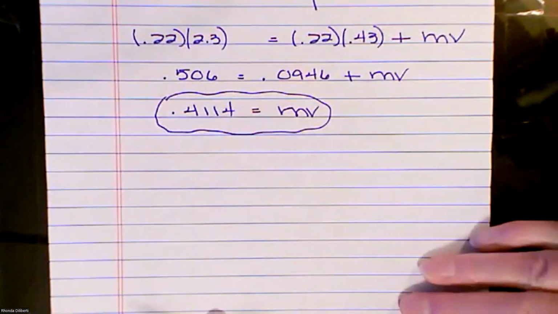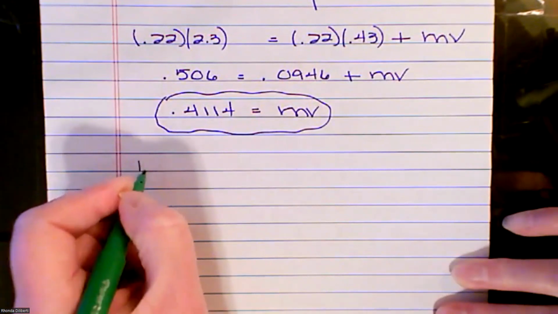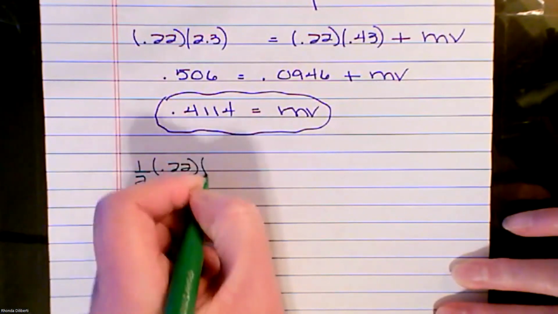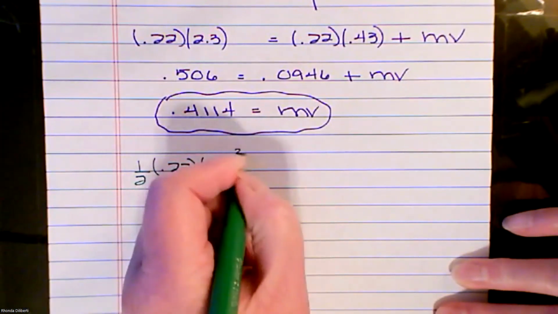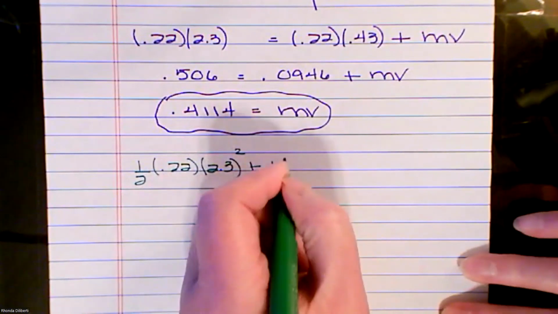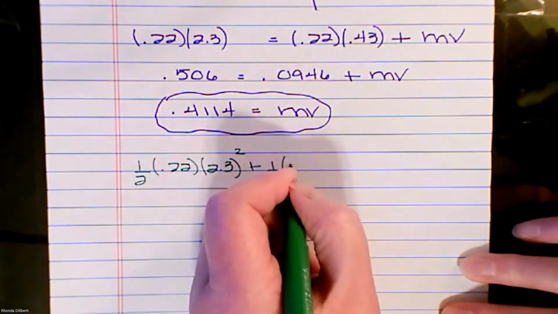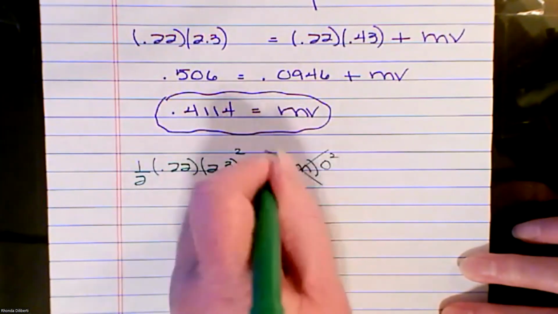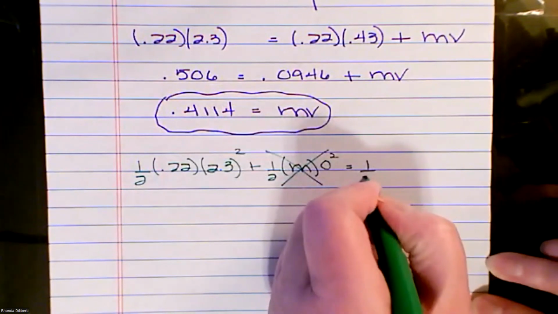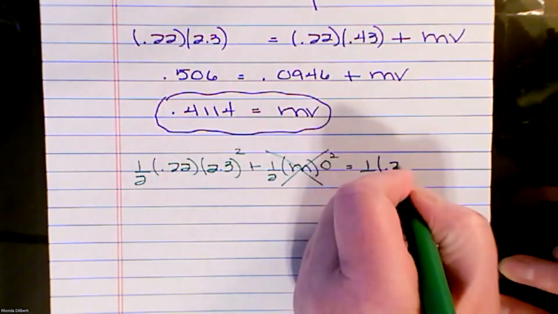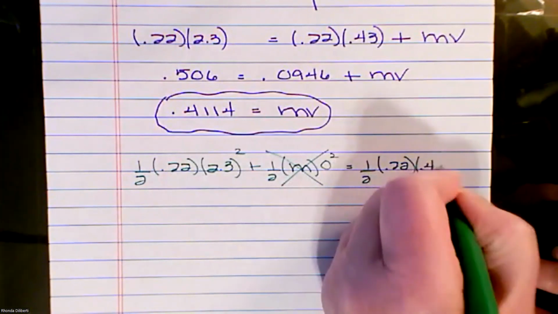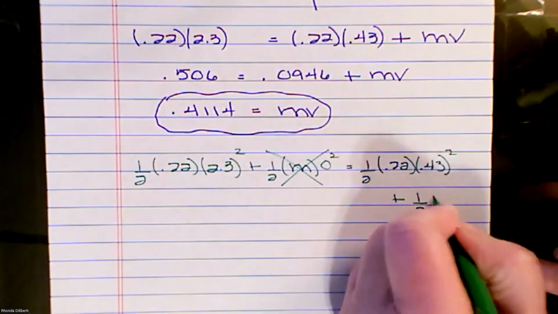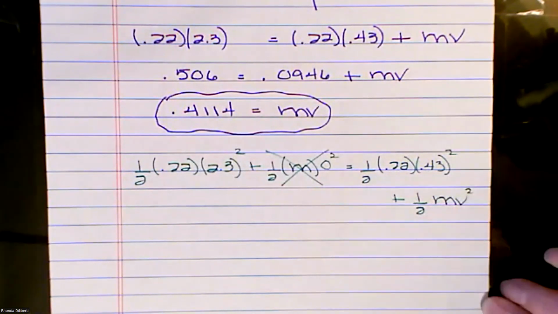This time I'm going to say 1/2 mv squared, so 1/2 times 0.22 times 2.3 squared, plus 1/2 mv squared, but that's 0, so that's going to fall out, equals 1/2 times 0.22 times 0.43 squared plus 1/2 m we don't know and v we don't know.